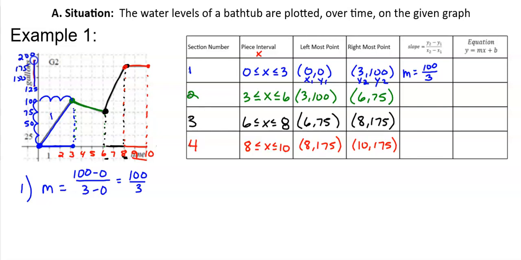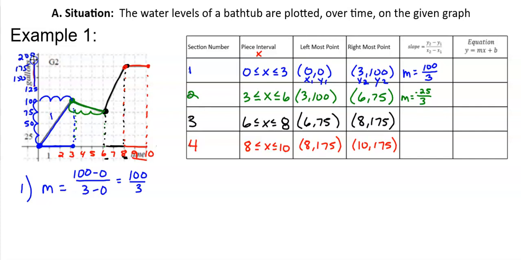Looks like we're going down 25. So negative 25. And then our run is 1, 2, 3. Once again, we went from 3 over to 6. So 3. And again, can't really do much with that. Can't reduce it. Don't need to turn it into a decimal or anything like that.